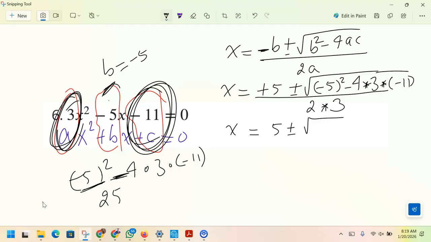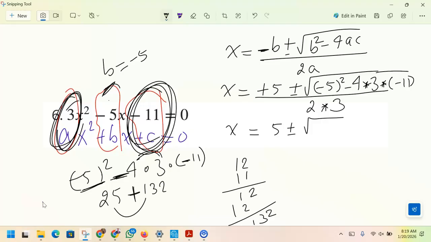These two negatives will give you a positive. 4 times 3 is 12. And 12 times 11, we'll do a little multiplication. 1 times 2 is 2. And you get 132. So this is 132.